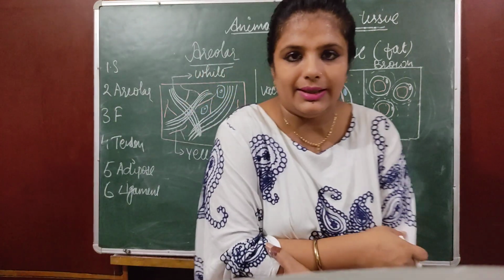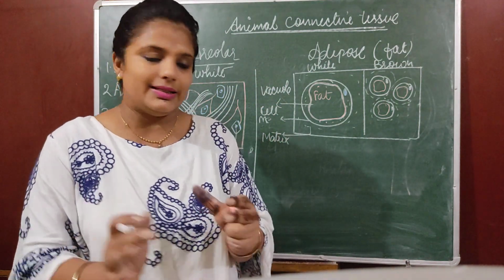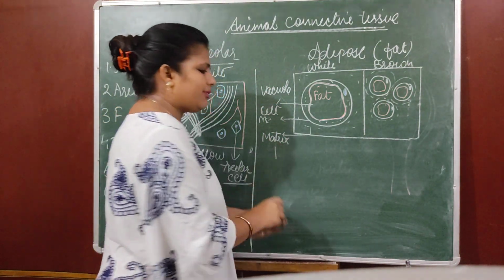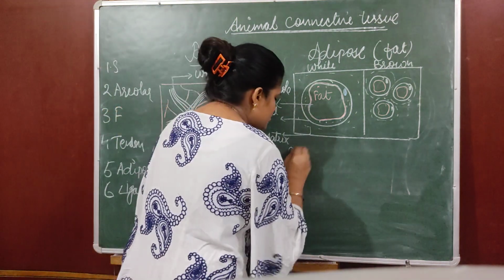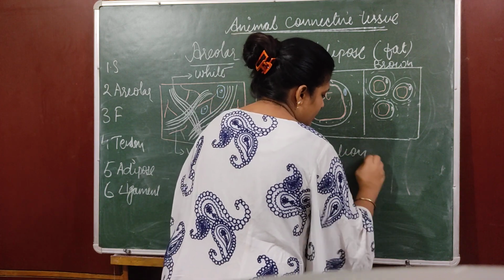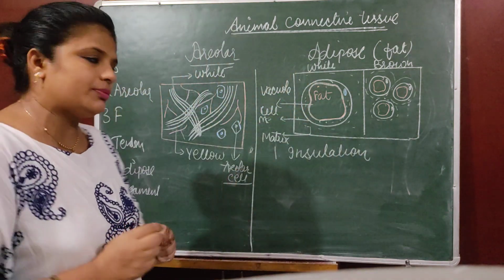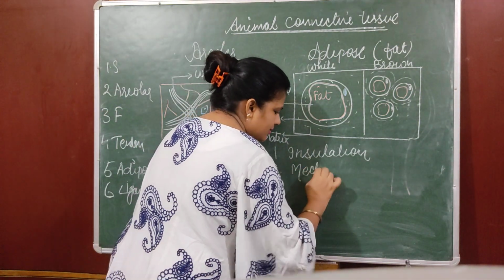If I am very fatty, this is just for your explanation or for learning easily. So generally what happens, if I am thick, so my insulation is high. It provides insulation capacity, means it prevents the heat loss from the body. It provides mechanical strength.